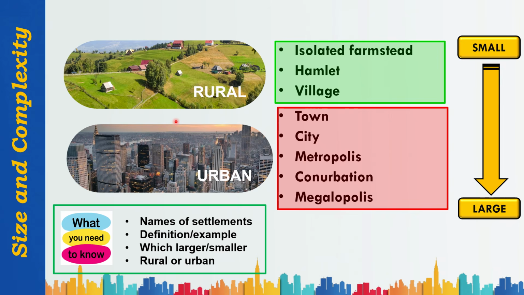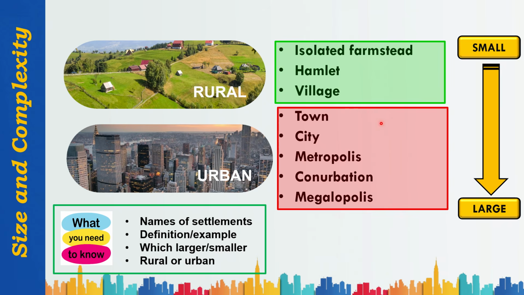Okay, so the smallest one refers to a single farm which has a main building and can have outbuildings such as a shed. A hamlet is a small group of farmsteads. And then a village is a settlement that has both rural and urban functions. It has farms, it also has some shops around. Those are our rural areas. That's how you define them.